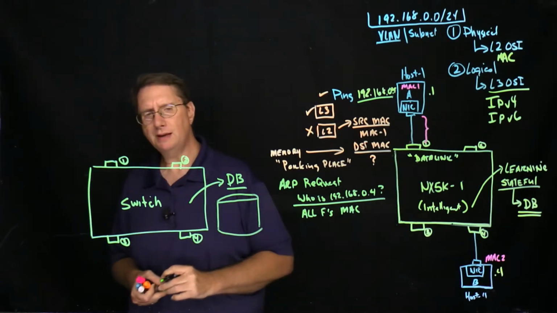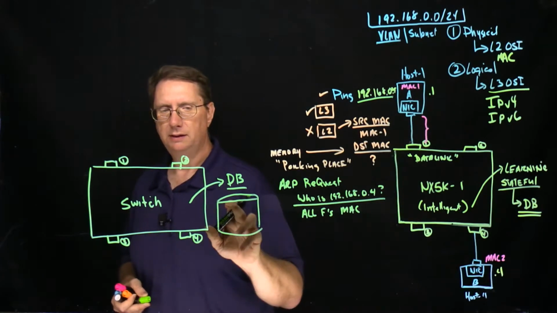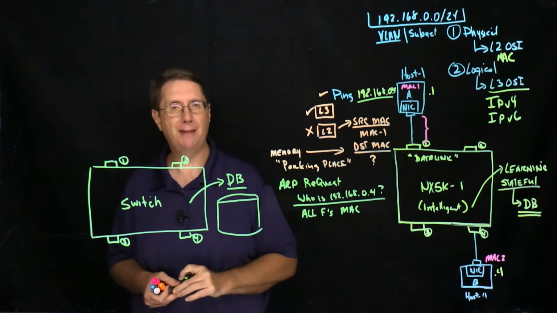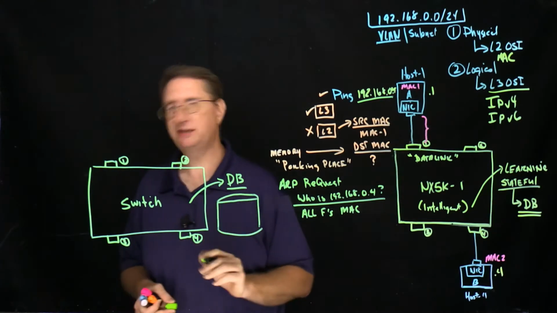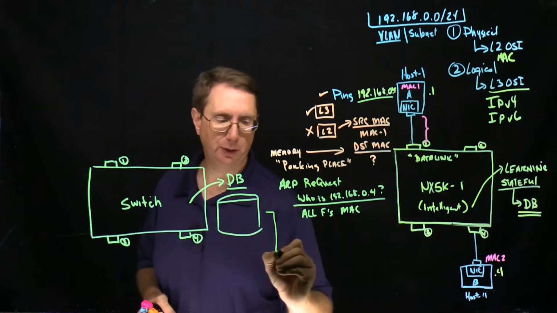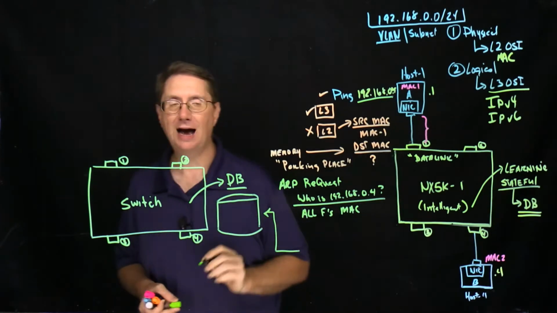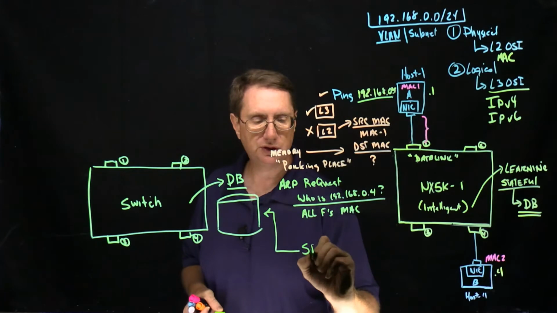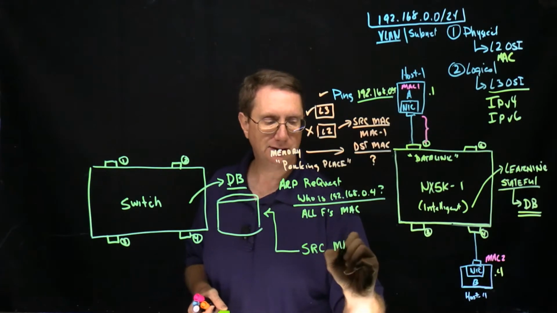Now, this database is going to be where I record information, and I'm going to record information about MAC addresses. But it's only going to be specific MAC addresses that I'm going to record. In fact, I'm only going to place entries in this database for source MAC addresses.